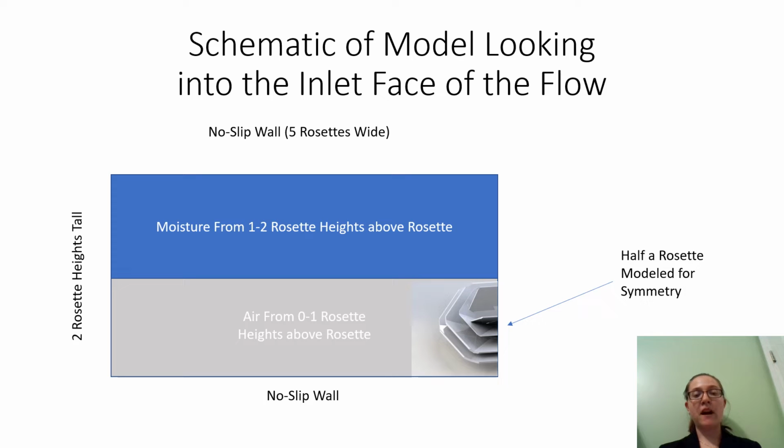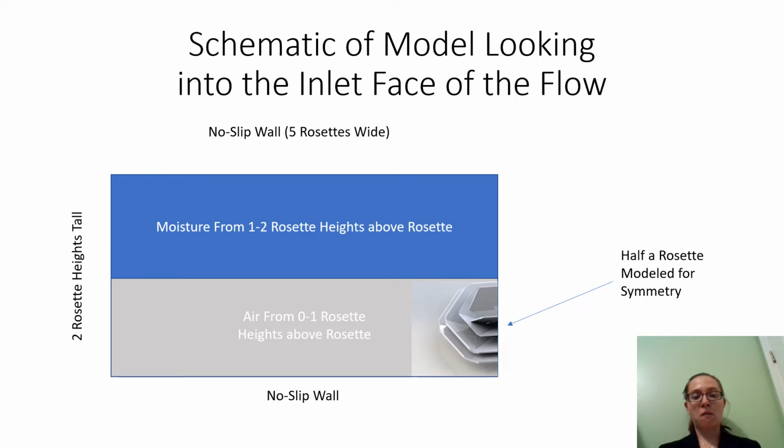Here you see a schematic of our model looking into the inlet face of the flow. As you can see, we have two stratified layers of fluid, the bottom layer being air and the top layer being moisture, or water vapor, as used from the Fluent database. The bottom layer of air is set to be about 1 rosette height tall, and the moisture above it is also about 1 rosette height tall, making the entire channel about 2 rosette heights tall.